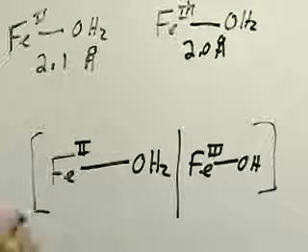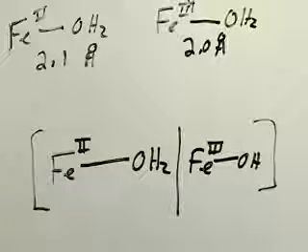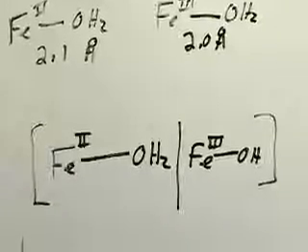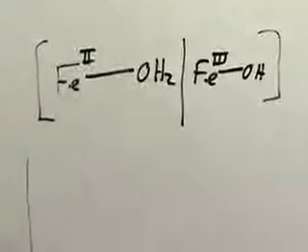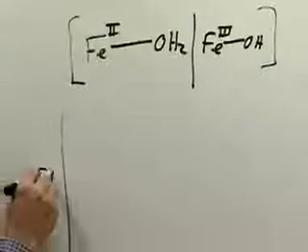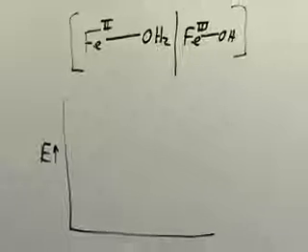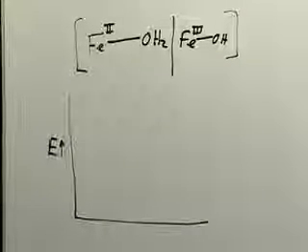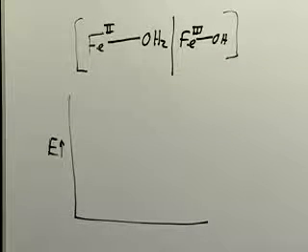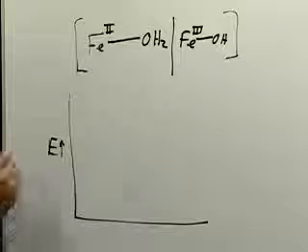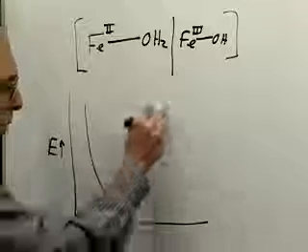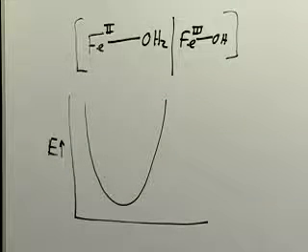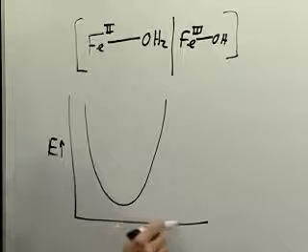So I'm going to draw a potential energy surface. And all potential energy surfaces in chemistry are drawn with what kind of curve? With a parabola. That's the best shape that God gave us. And the question is, what am I drawing? What is this coordinate?